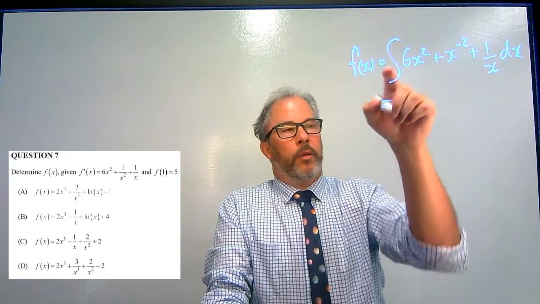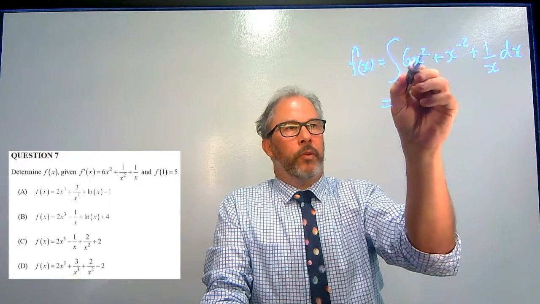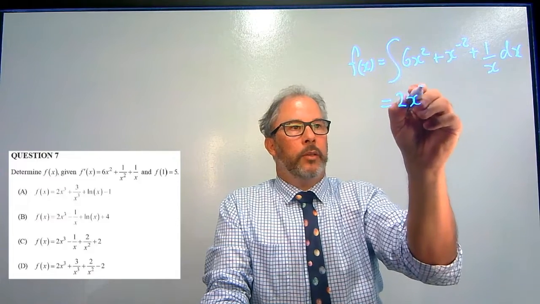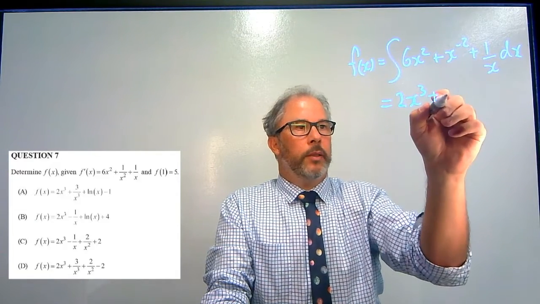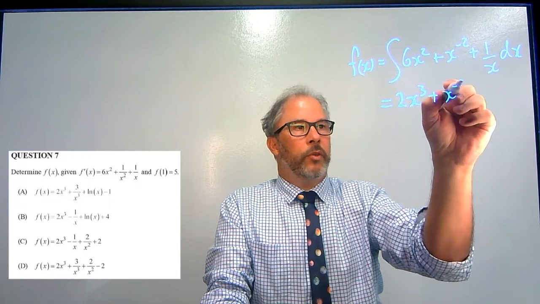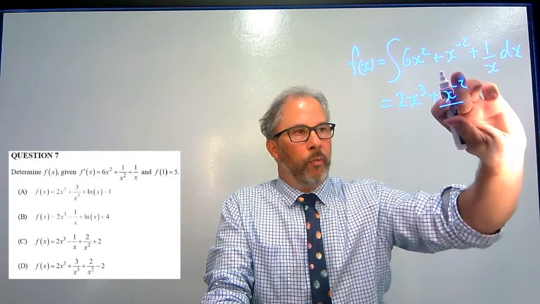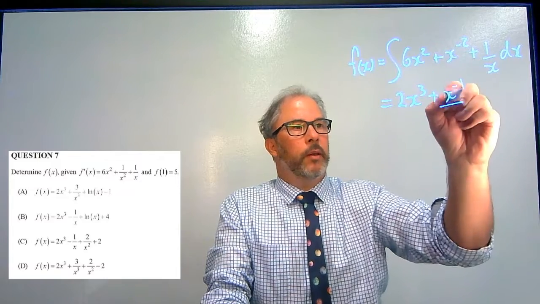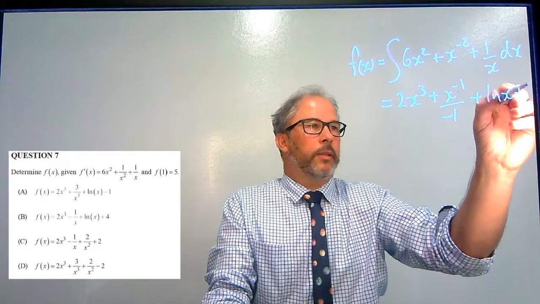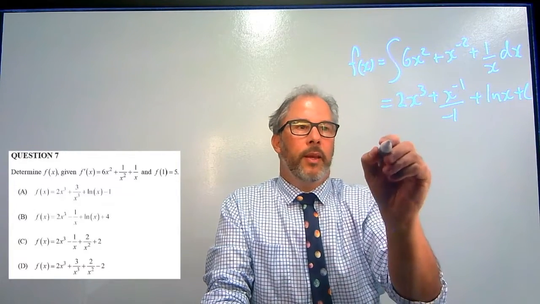Integrate that, add 1 to the power, divide by the new power. So 6 divided by 3 is going to be 2x cubed plus, add 1 to the power, so it's going to be x to the negative 1 over negative 1, plus ln x plus c, don't forget the plus c.